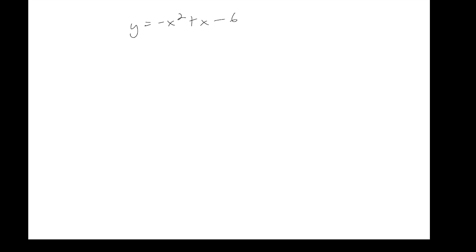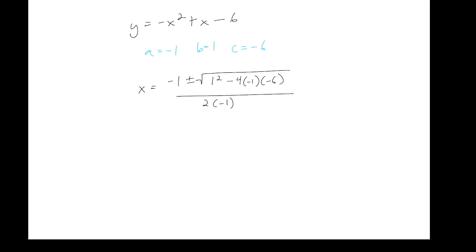If that's the case, there's no real solution. And here's what I mean. a is equal to negative 1, b is equal to 1, and c is equal to negative 6. x is equal to negative b plus or minus the square root of b squared minus 4 times a times c, all over 2a.